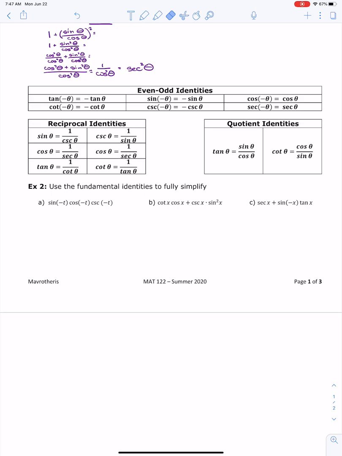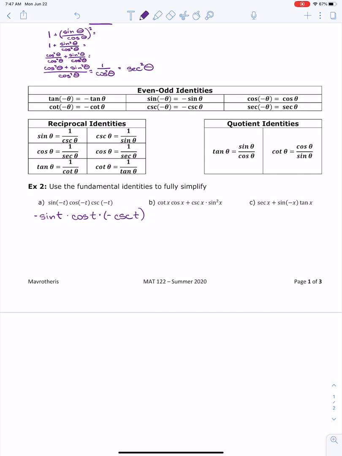I'm going to start by using the even and odd identities to rewrite this. Sine of negative t equals negative sine of t. Cosine of negative t equals cosine positive t. And cosecant negative t equals negative cosecant t. I have a negative times a negative, so I know those cancel each other out.